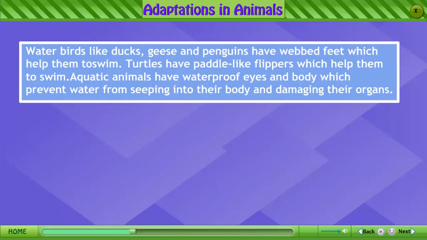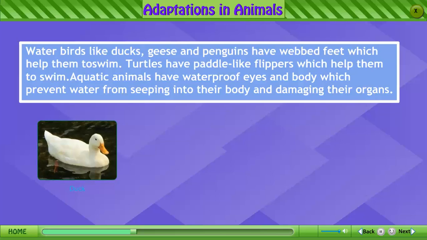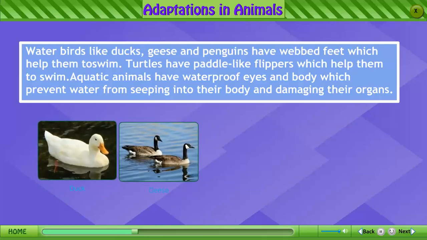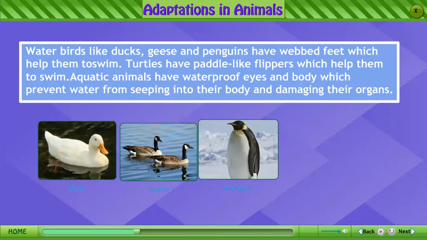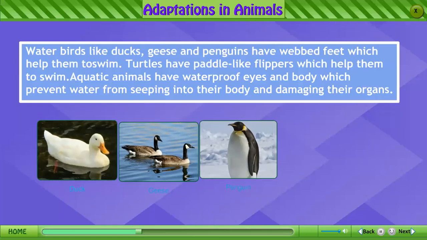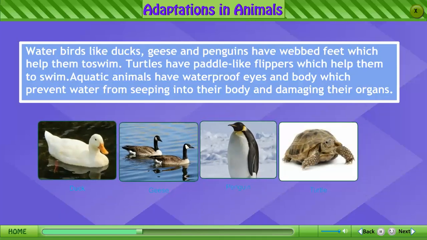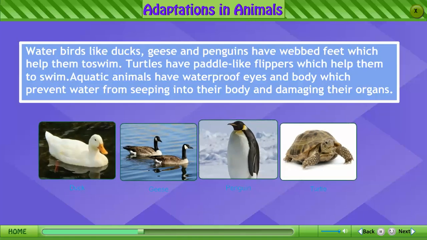Water birds like ducks, geese, and penguins have webbed feet, which help them to swim. Turtles have paddle-like flippers, which help them to swim. Aquatic animals have waterproof eyes and body, which prevent water from seeping into their body and damaging their organs.